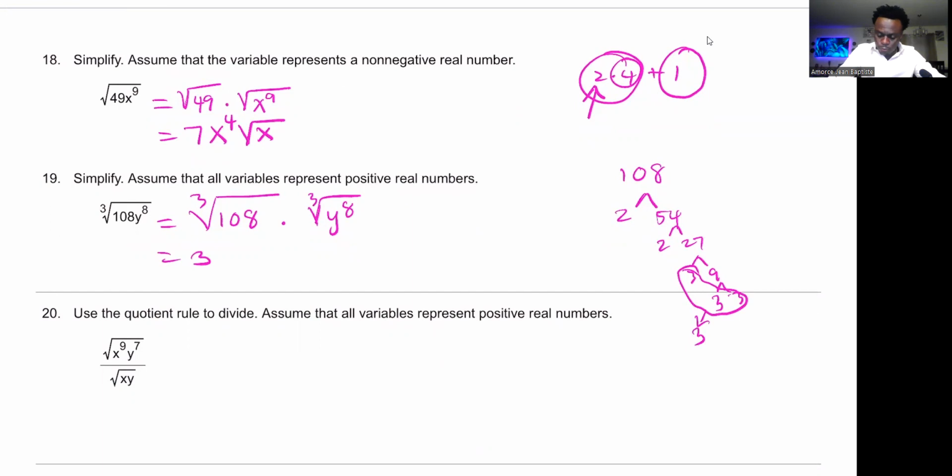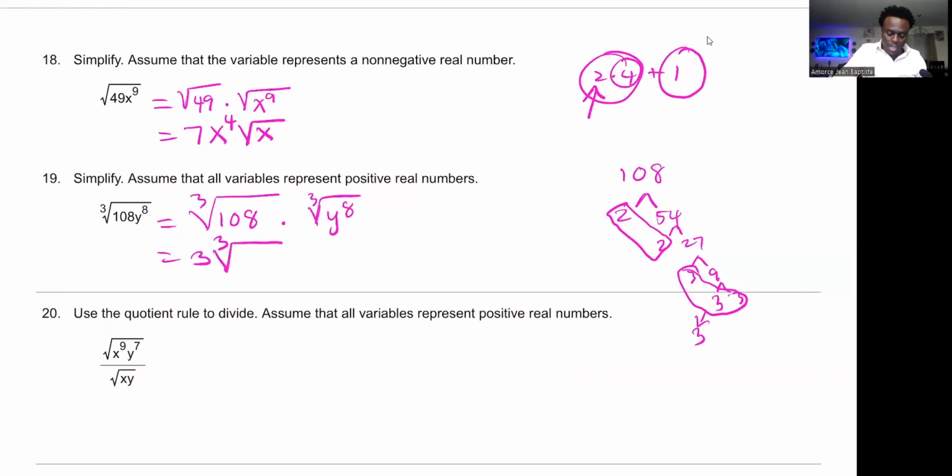And then 4 will remain inside, because we could not make a group of 3 twos.